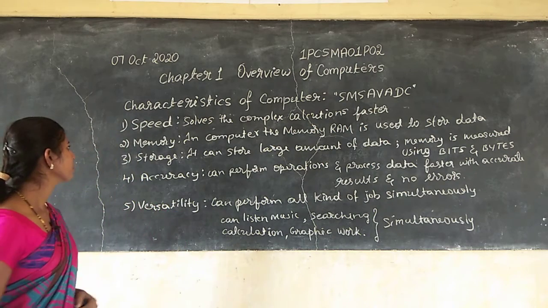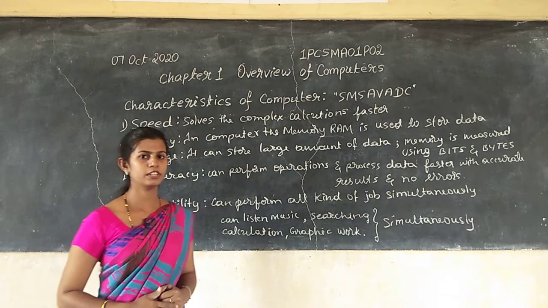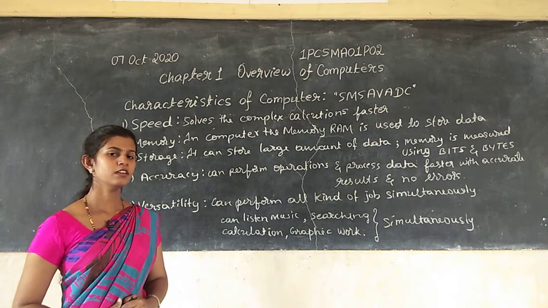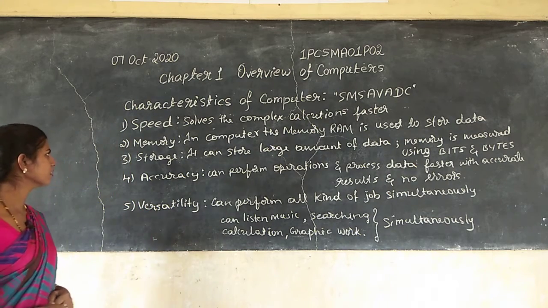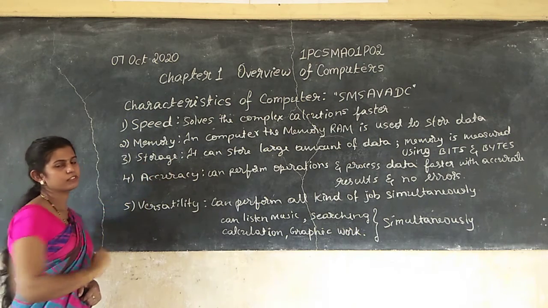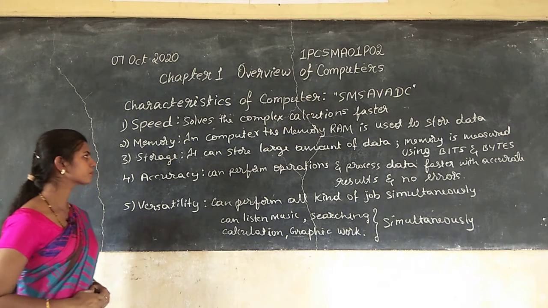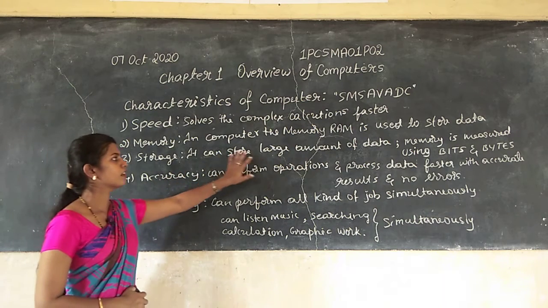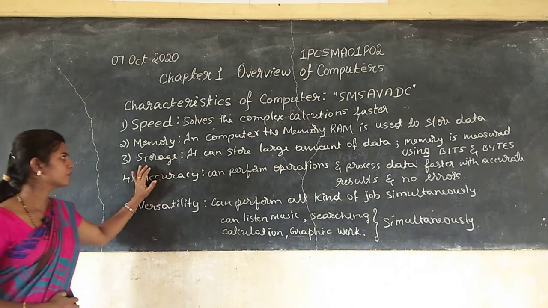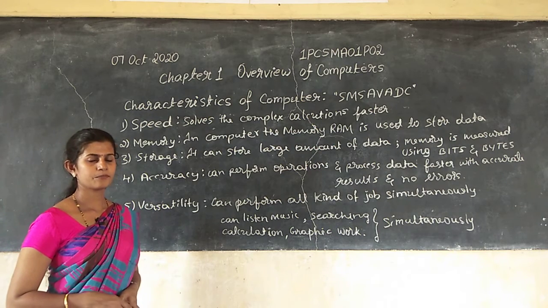In a similar way, in a computer the memory, RAM, is used to store the data. In memory, we can store the data for future use. The next characteristic is storage. It is one of the important characteristics of a computer. It can store a large amount of data.